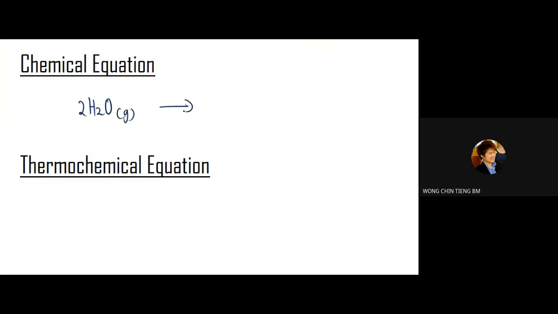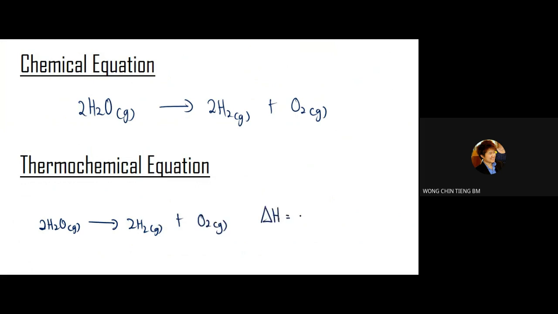Okay, if I dissociate the water over here. Alright, that is my chemical equation. Okay, standard lah, betul. What is thermochemical equation? Exactly the same thing, tapi kena ada something else. What is that? Delta H. So, delta H kena duduk di belakang. Okay? Delta H kena duduk di belakang with the value or whatsoever.